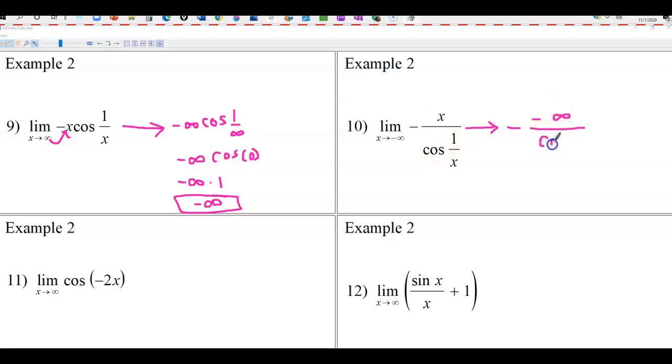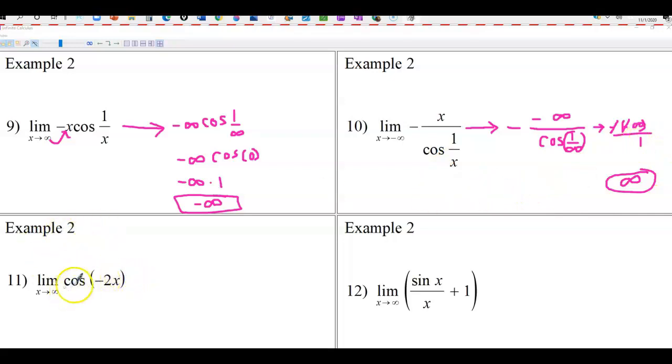Down here on the bottom, we're going to have cosine of 1 over infinity. And we talked about this before, right? The 1 over infinity is 0, and cosine of 0 is 1. So what we end up with is a negative infinity over 1. And the double negatives here just cancel out to become positive infinity over 1, which is infinity. So that one's also infinity.